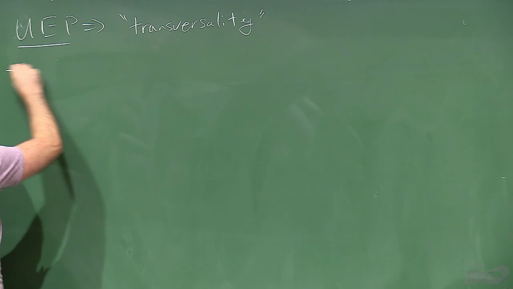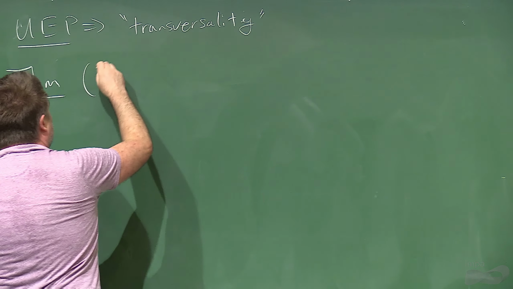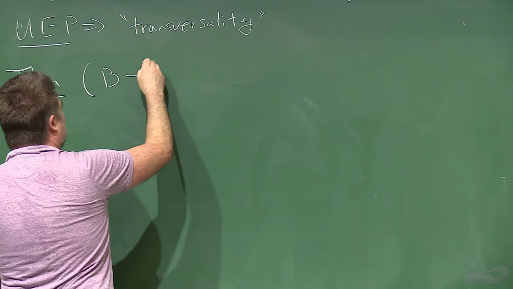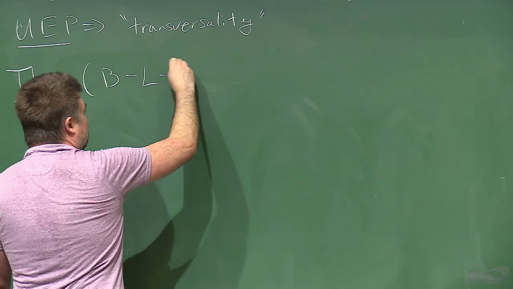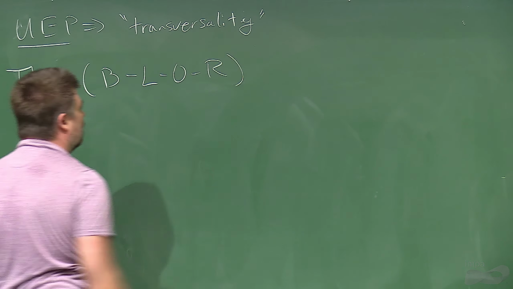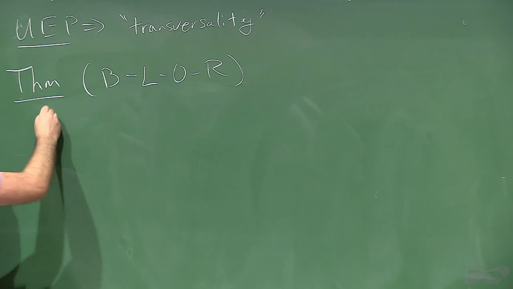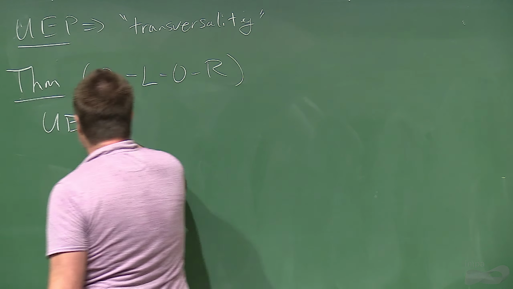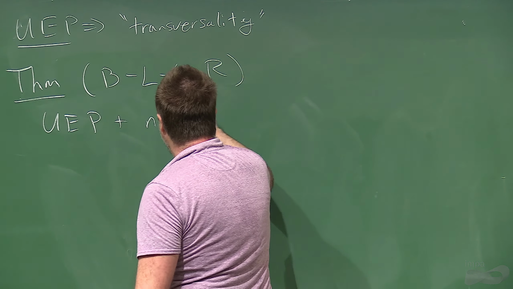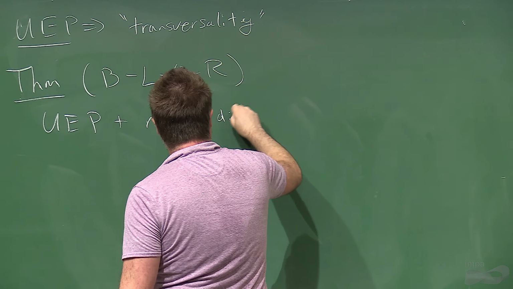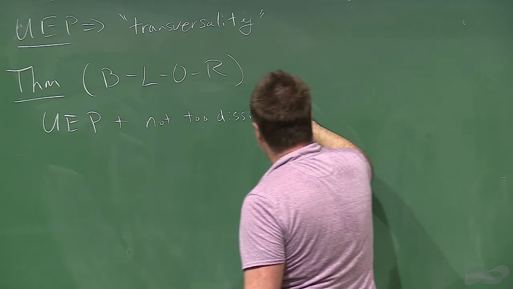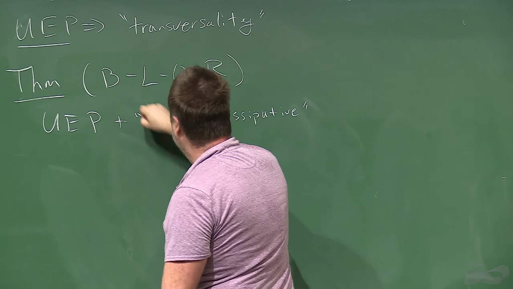And so the theorem with myself, Homan, Davi, and Yuping is that uniform expansion in the past plus not too dissipative, whatever that means.